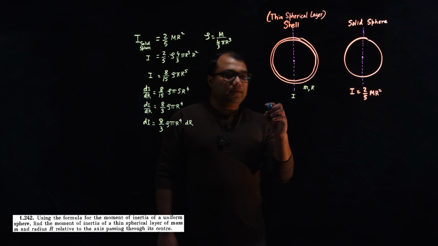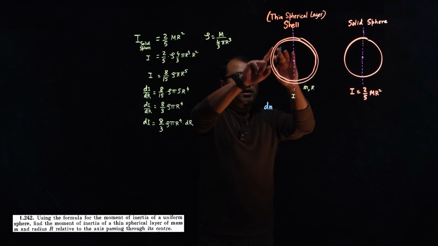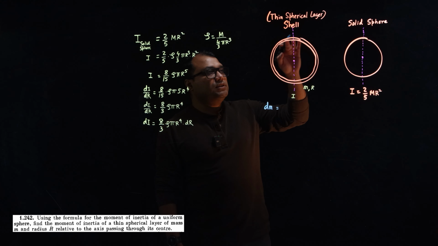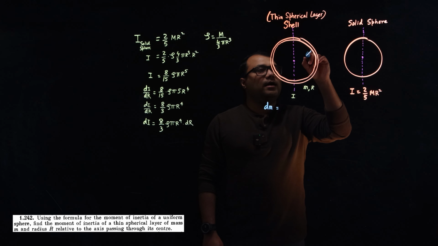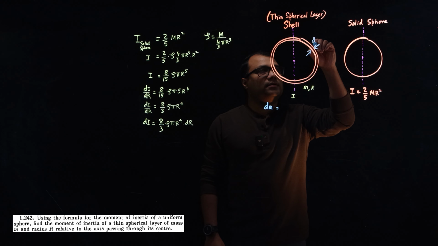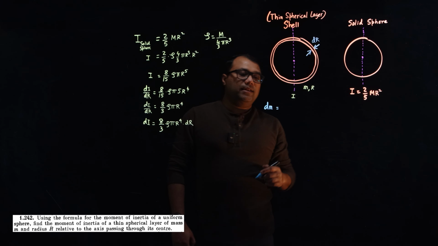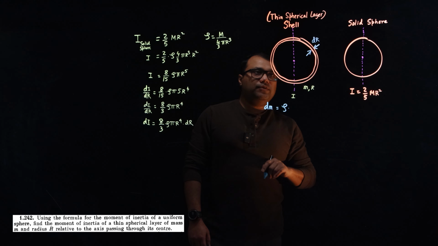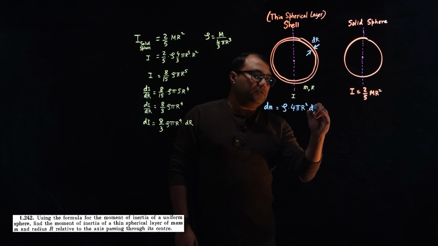Okay. For the shell, can I write the mass of the shell, let us say it is dm, is the surface area of the shell times the thickness dr. If this thickness is dr, the small mass dm of the shell is rho times surface area of the sphere is 4 pi r square, and then this thickness dr gives me the volume.